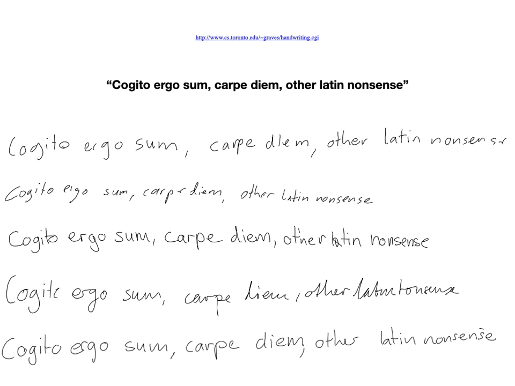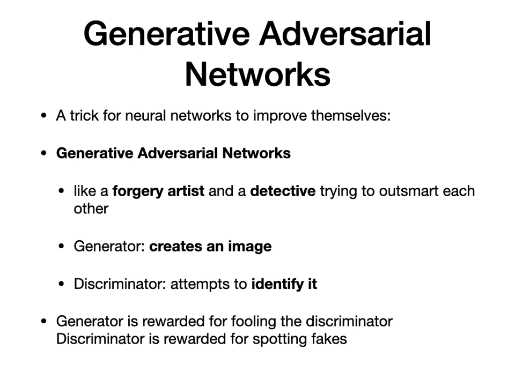Something else you should hear of is generative adversarial networks. This is a pretty cool way to leverage the fact that networks are pretty good at both input and output, and you can pit them against each other.